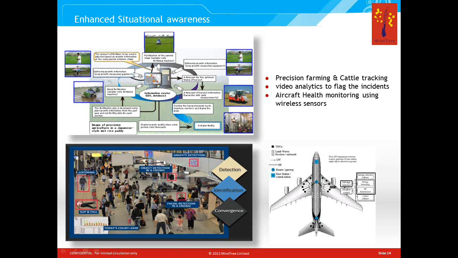Today, video surveillance is not like what it was before, where it just used to record what was happening in front of the camera. You have very sophisticated built-in video analytics in these cameras.